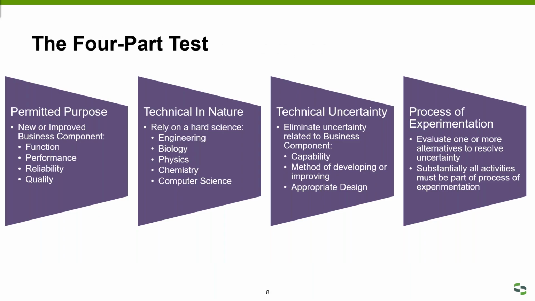And you'll see a cadence here. So there are a number of tests in the statute. Most talk about the 4-part test, which is a standard. There's also a 7-part test in the statute. But when you think about the permitted purpose test, it's really an activity has to relate to a new or improved function of a business component. And that's where that business component is a product, a process, et cetera.